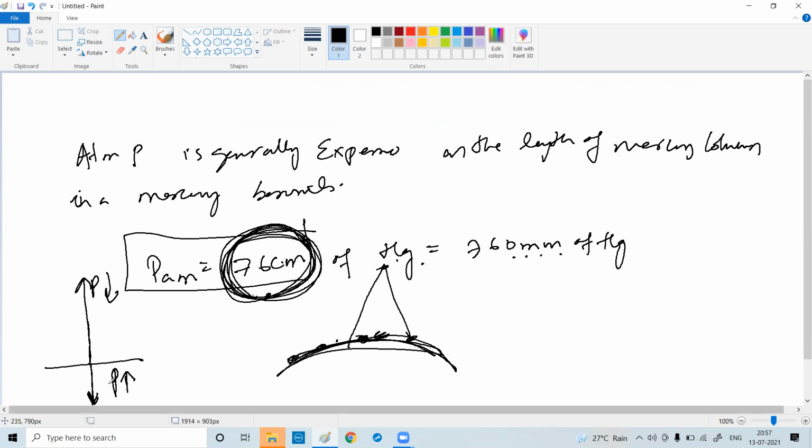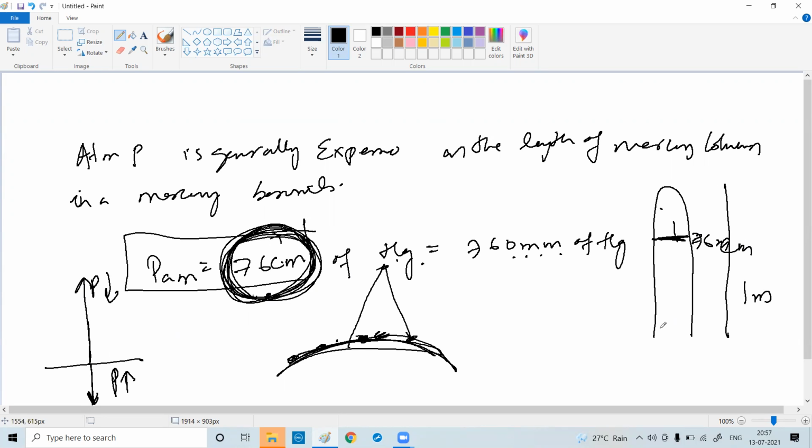So this 76 centimeter, you know this glass lid is how much? 1 meter. So now you are at 76 centimeter. If you go above the mountain, this mercury level will keep going down, because the pressure will decrease, no?